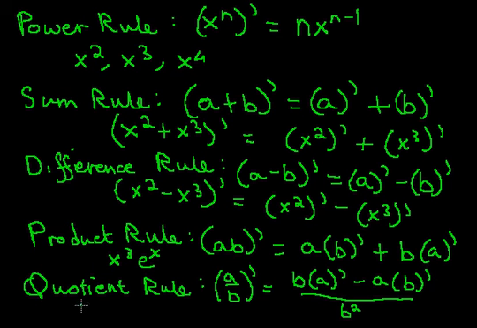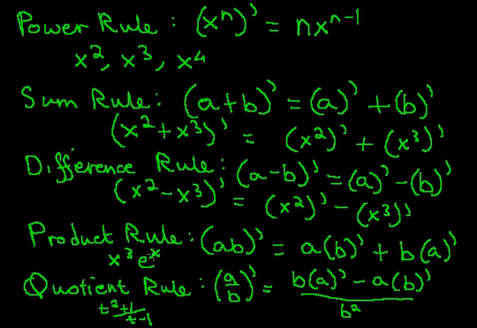And use the quotient rule in problems where you have a quotient, basically. If you have a over b, if you had, for example, t squared plus 1 over t minus 1, or something like that. If you see something similar to this, use the quotient rule.